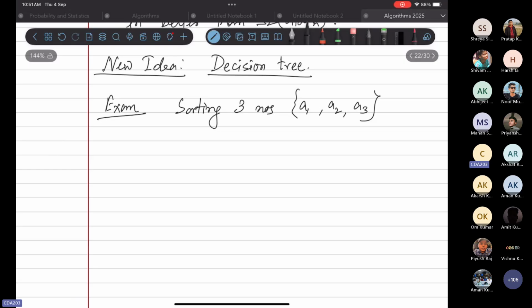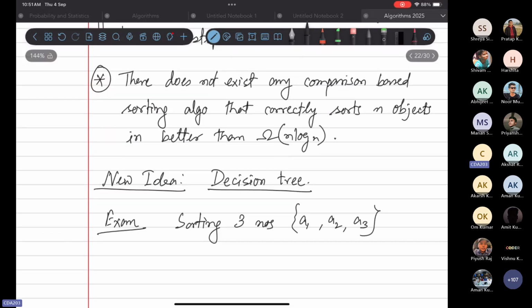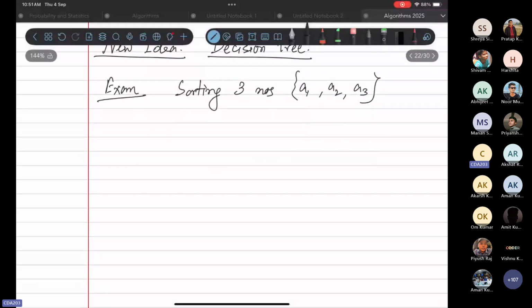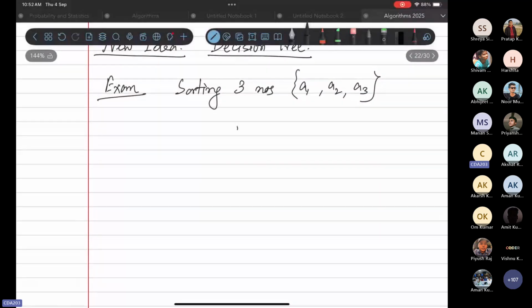What is the tool that I'm going to use for sorting these three numbers? Comparisons. Comparison will always happen between two numbers, and I'll look at the outcome of one particular comparison, and then based on that, we'll decide what would be our next step. That is the comparison based algorithms that I said. So let's say I first compare A1 and A2.